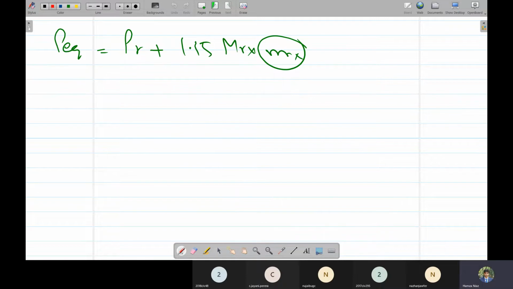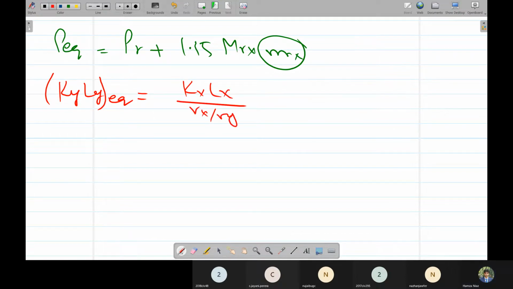For an equal strength column, we have to find KYLY equivalent. KYLY equivalent is KXLX divided by the Rx over Ry ratio. So we found the ratio for this one. We know that we have two Kx, K1x and K2x. K1x is 1, K2x is 1.45.